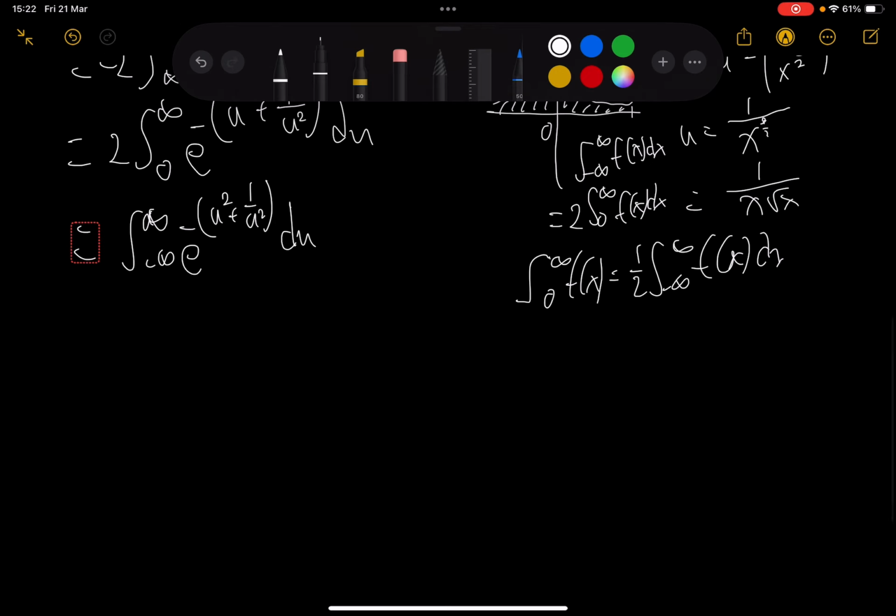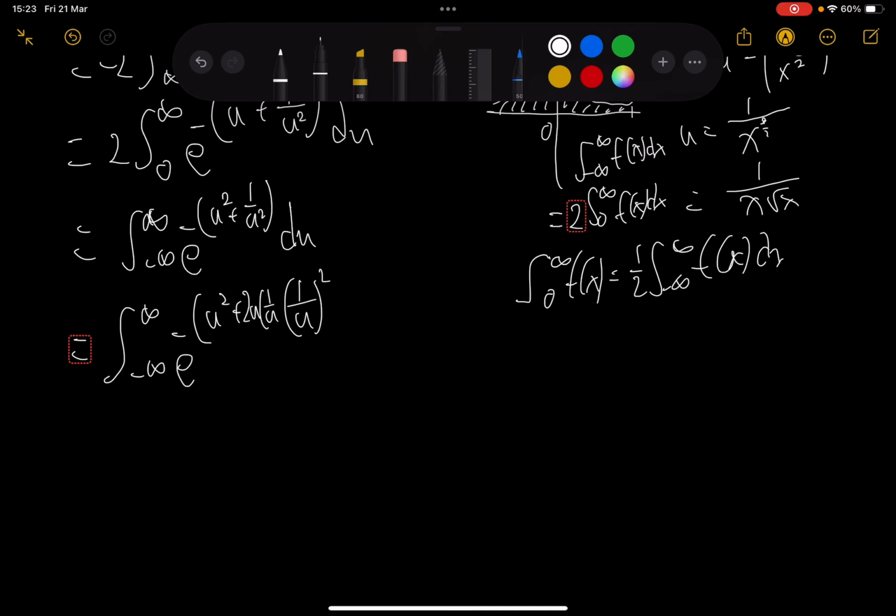What should we do here? And then here, I'm going to compute the square. Compute the square like that, e power of negative u squared plus 1/u, and then square. Therefore, the middle term is going to be 2 times u times 1/u.